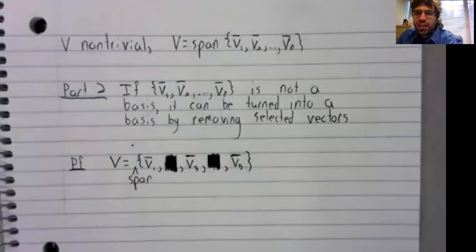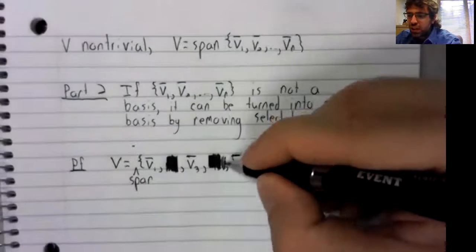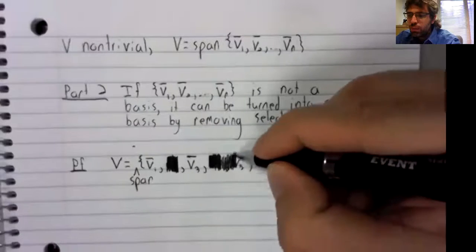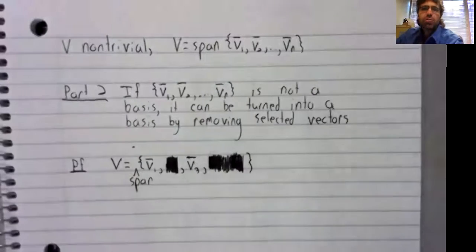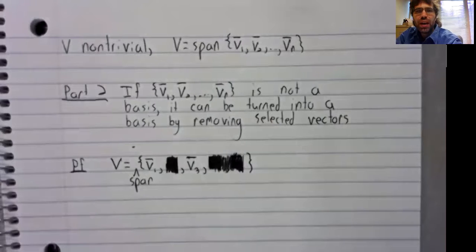Either this is a basis or it isn't. If it's a basis, good. We've accomplished what we want to accomplish. If it's not, we are once again going to be able to throw a vector out without changing the span.